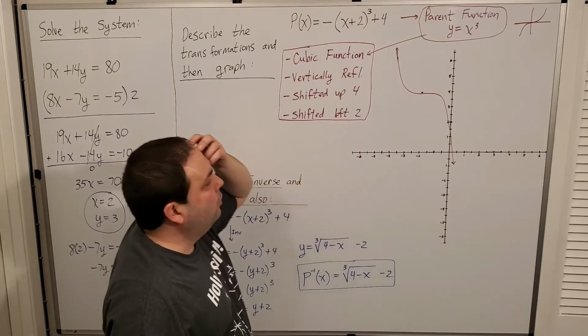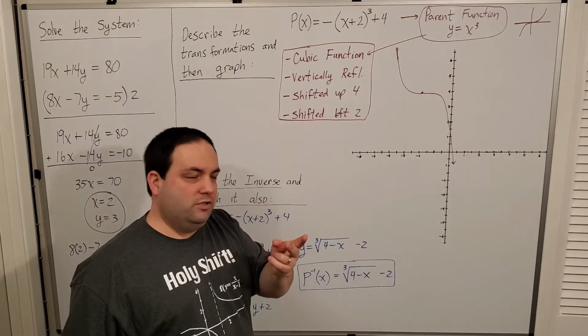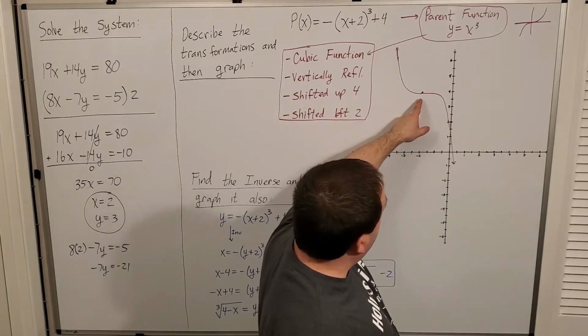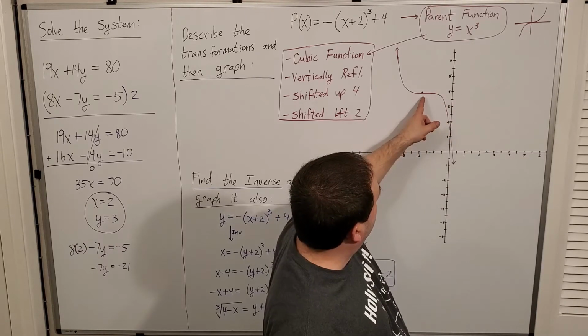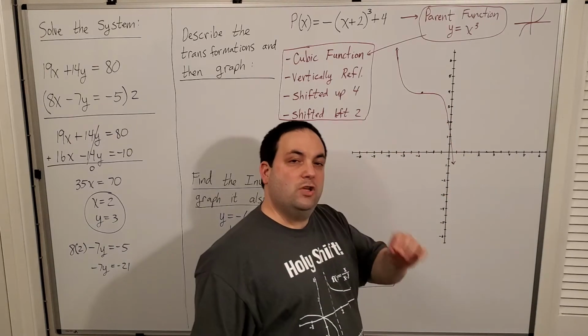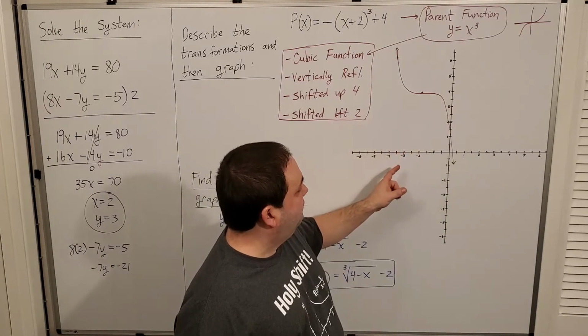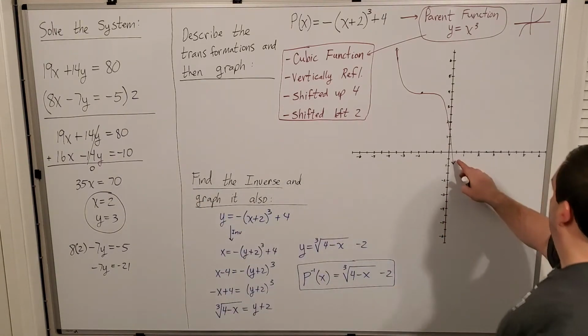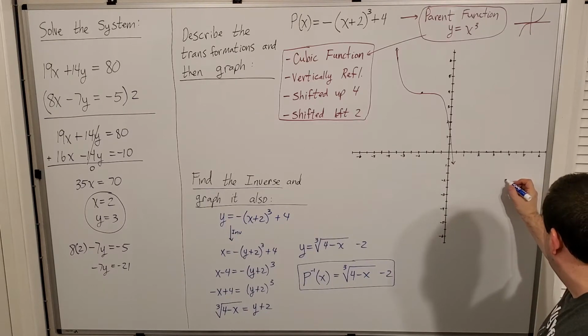Also, I can remember if things are inverses, they have all of their points reversed. So I can see that this center point here is at the coordinates negative 2, 4. That means the inverse should have the same type of center point at 4, negative 2. At 4, negative 2. Right here.